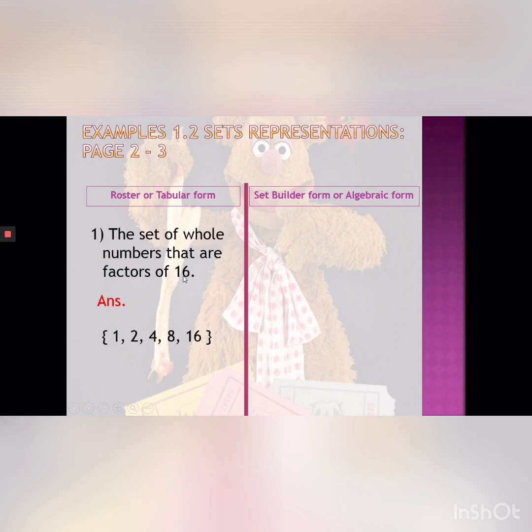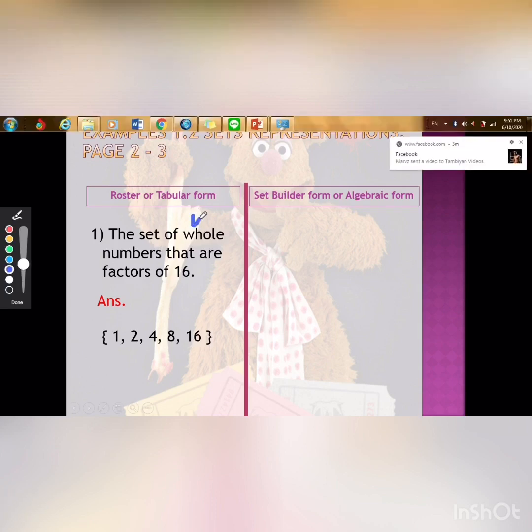Now in order to answer this, you have to understand the problem first. When you say whole numbers, we discussed that already, whole numbers is written with a capital letter W. Let me write that. There you go, so that is whole numbers. Now, the next one is, what are the factors of 16?